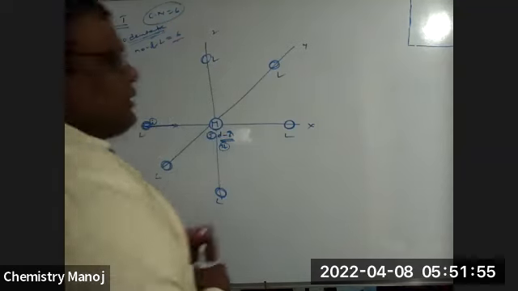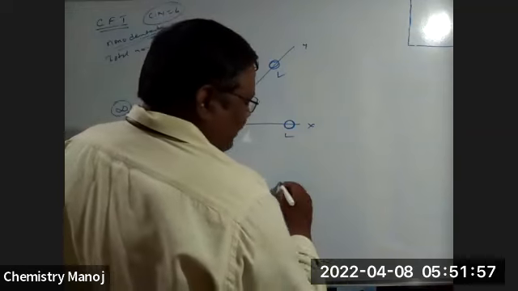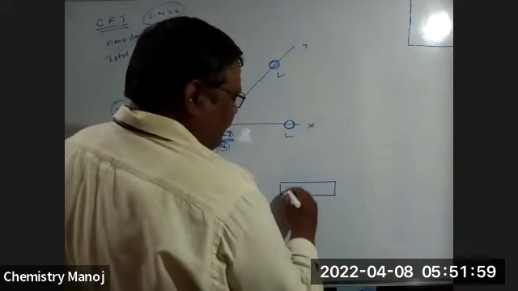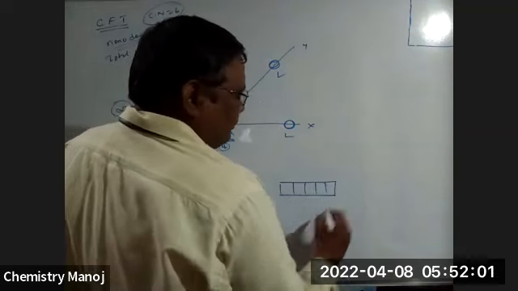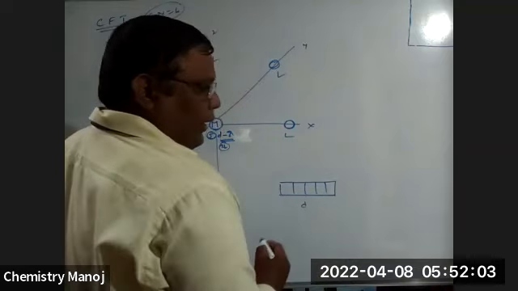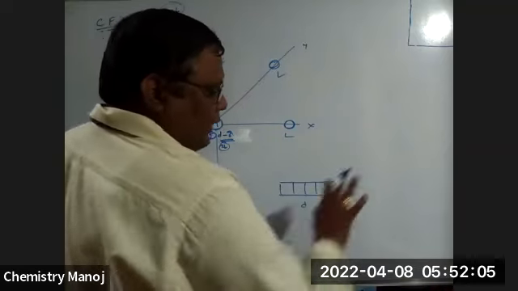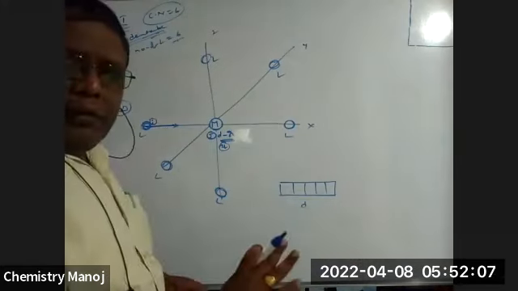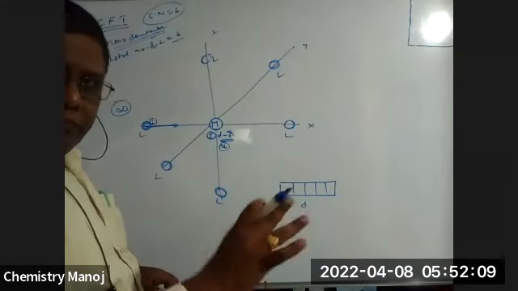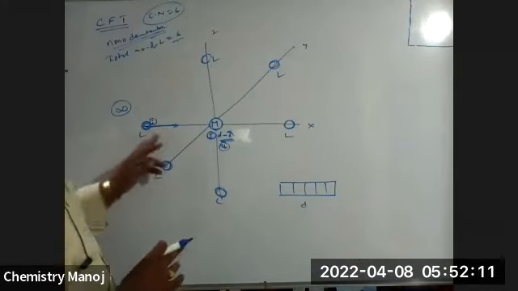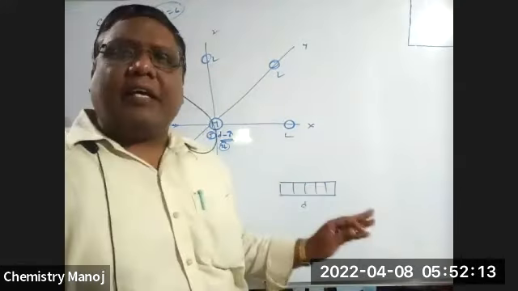That is why these are the 5 d orbitals, my dear. All these are degenerate, but that is possible only when the ligands are very far away.